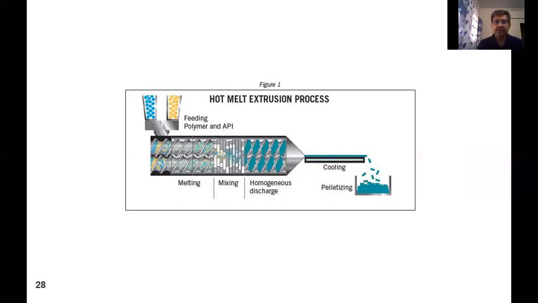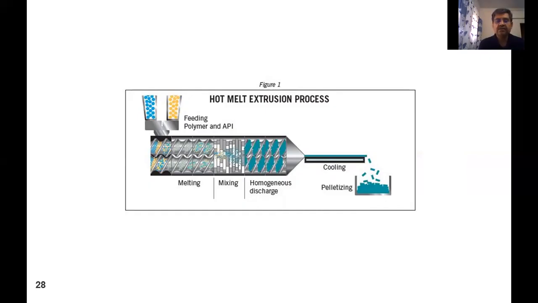This mixing of the API with the polymer shall take place because of the melting point reduction when the API is miscible with the polymer that has been taken.